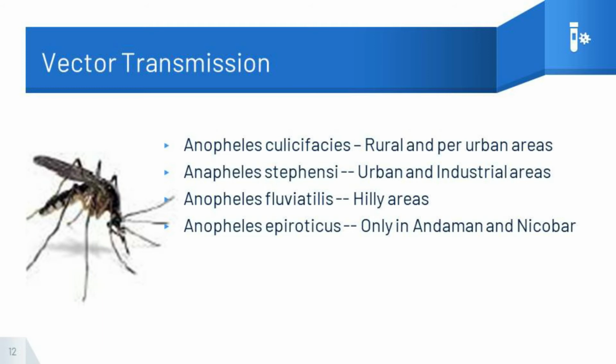But if you're living in urban and industrial areas, the vector there is the Anopheles stephensi, and in the hilly areas you have Anopheles fluviatilis and the Anopheles minimus, which will be only found in Andaman and Nicobar in Africa.